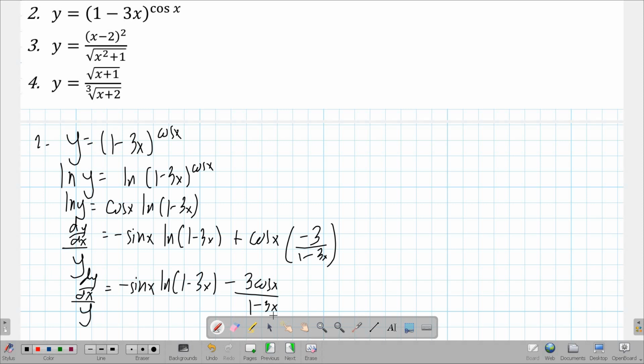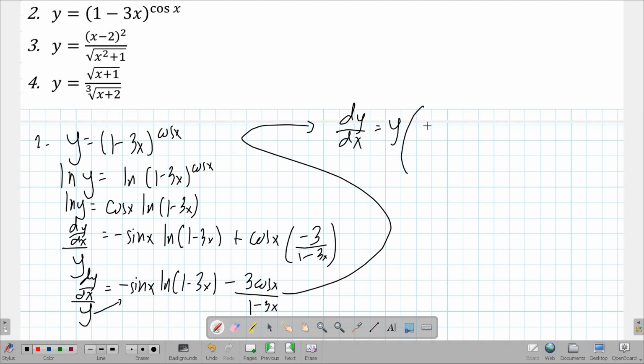We can combine this into one expression, but we can leave it as is. It will get more complicated, since we need to also multiply y on the other side. Hence, we're going to have dy over dx is equal to y multiplied to negative sine x ln of 1 minus 3x minus 3 cosine x over 1 minus 3x.